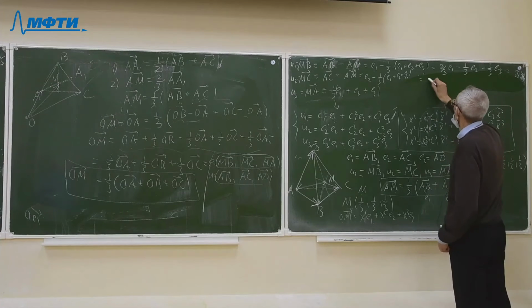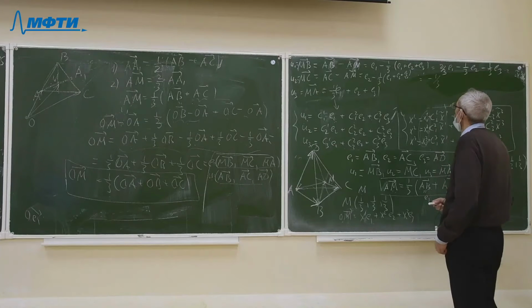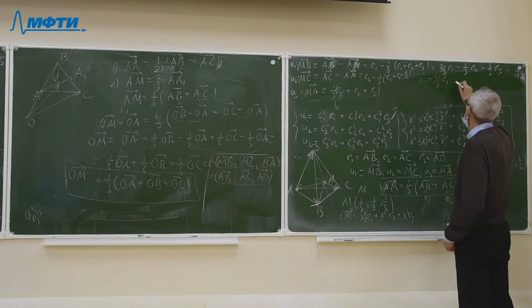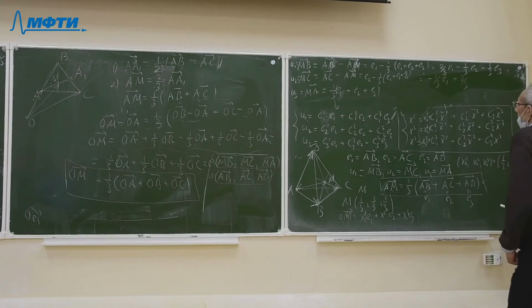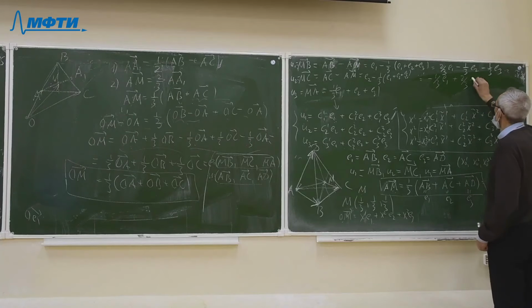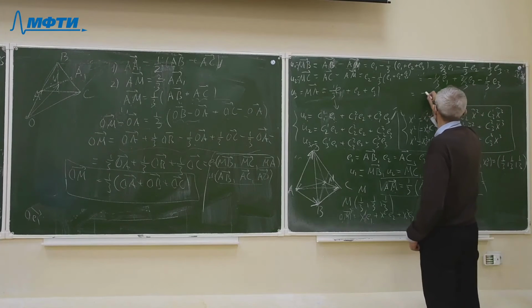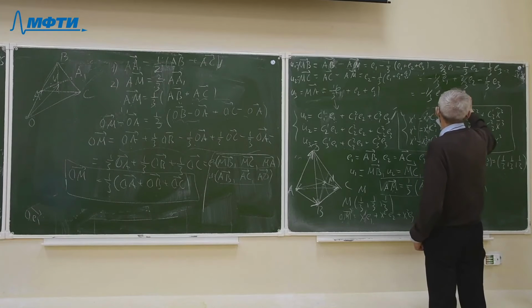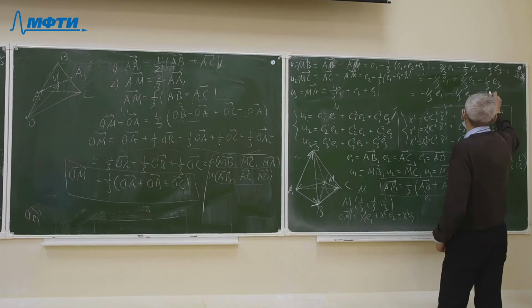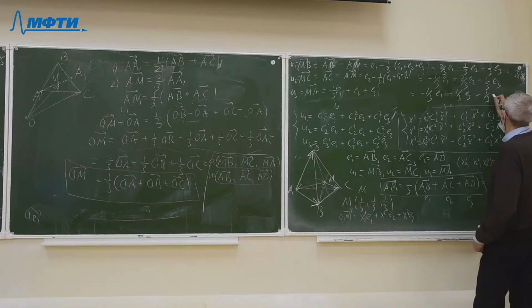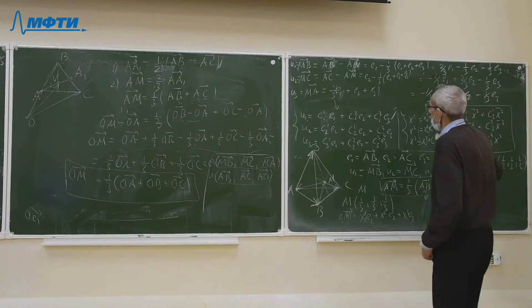In this case, minus 1/3 E1 plus 2/3 E2 minus 1/3 E3. And in this case, minus 1/3 E1 minus 1/3 E2, sorry, minus 1/3 E3. We obtain the matrix C.